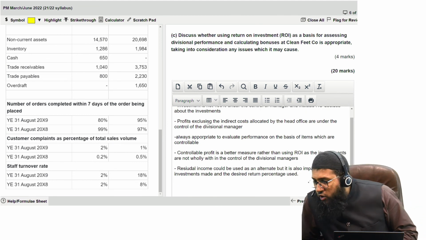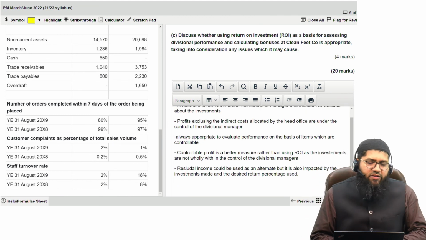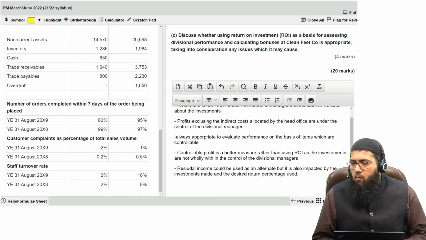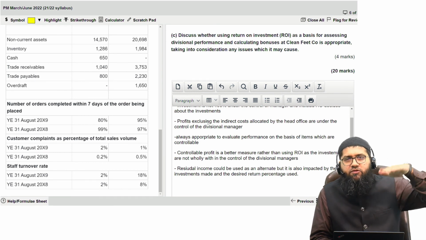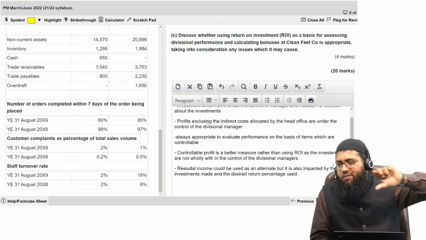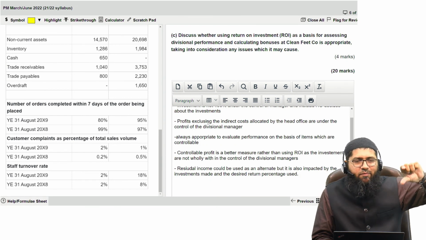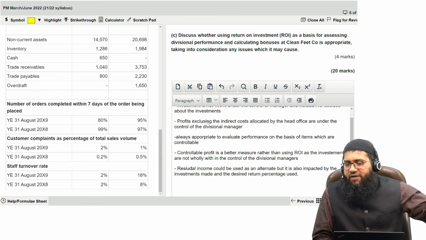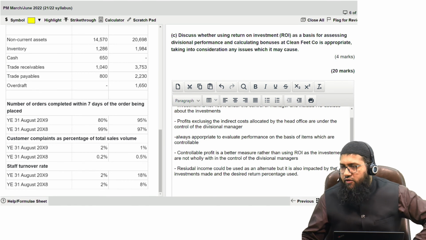Is it okay now? Savio Pais, do you understand this? Residual income also has the same thing: profit minus the investment multiplied by the percentage return. So investment is also there.